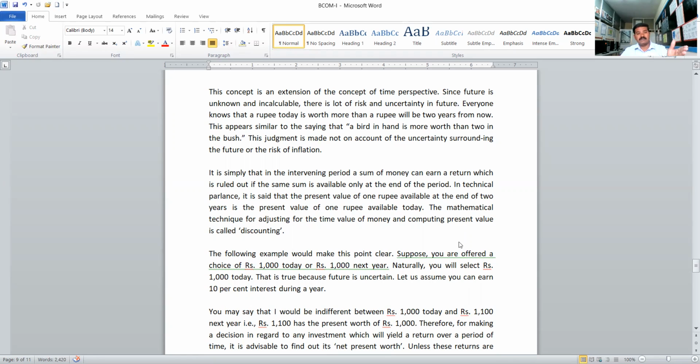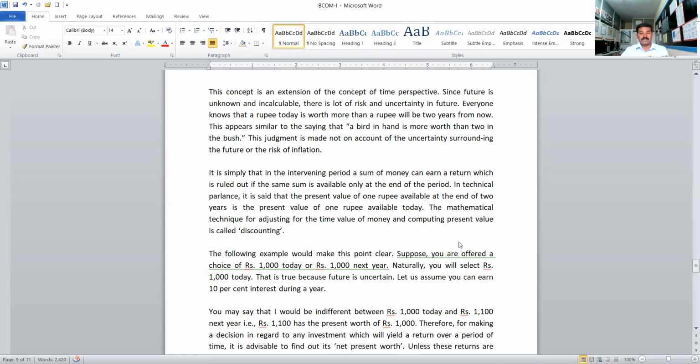In technical parlance, it is said that the present value of 1 rupee available at the end of 2 years is less than the present value of 1 rupee available today.